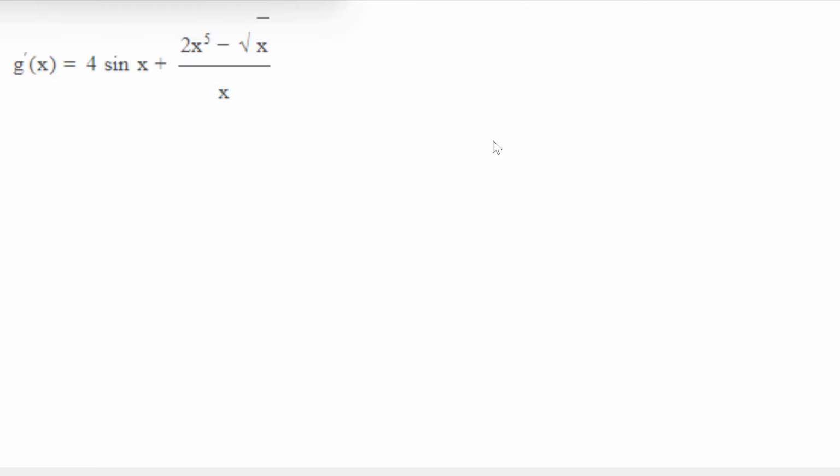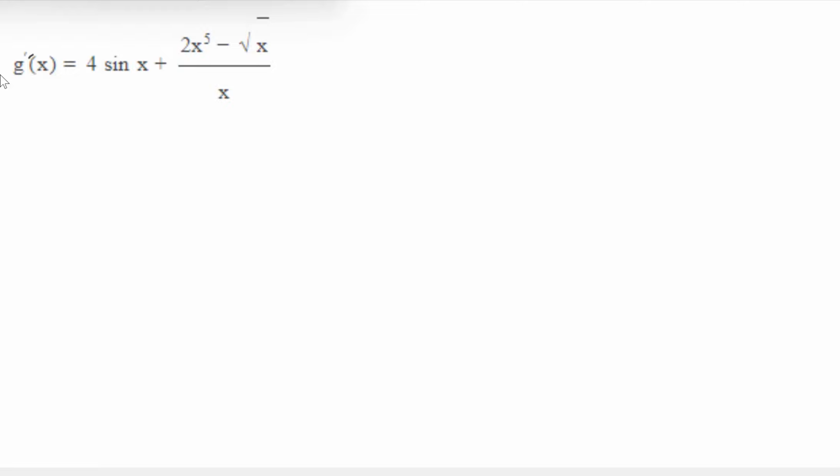All right. So let's look into some problems. Actually, I'm going to rewrite this. So we've got g prime of x is 4 sine x plus 2x to the fifth minus square root of x, all over x.